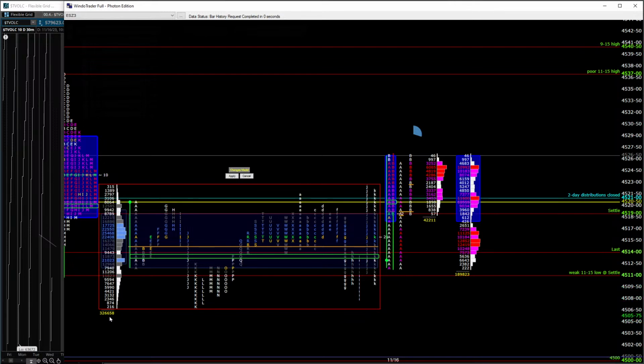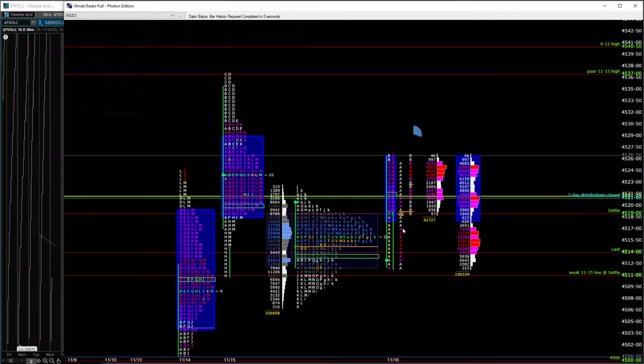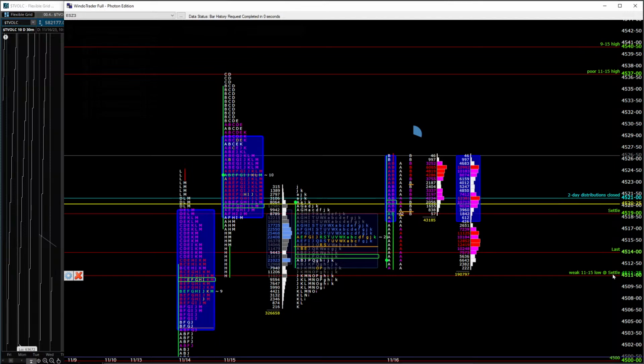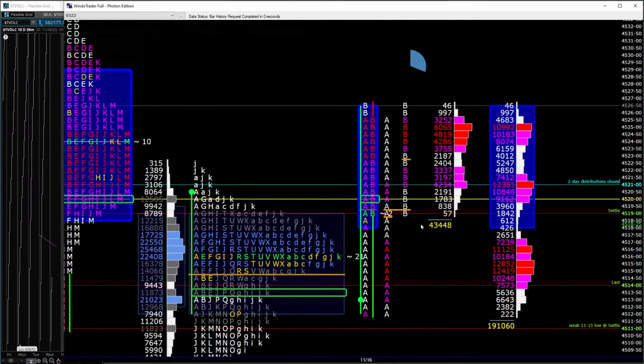Okay, volume is not bad. Now the upside movement regarding today's, we have a weak low here, right? Why weak? Because it's very close to yesterday's low, and yesterday's low is exactly at what was previously settled. This is weak.